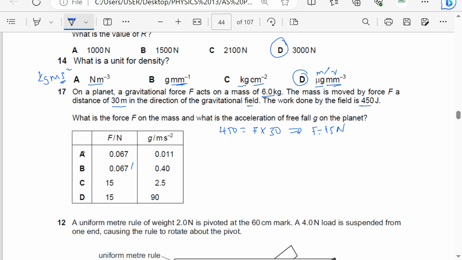We ignore A and B. Then, what is the force on the mass and what is the acceleration of free fall? From force, resultant force is equal to mg, so mg is equal to 15. So the acceleration of free fall is going to be 15 divided by the mass, which is 6. And I think this is automatically 2.5. So the answer is going to be C.